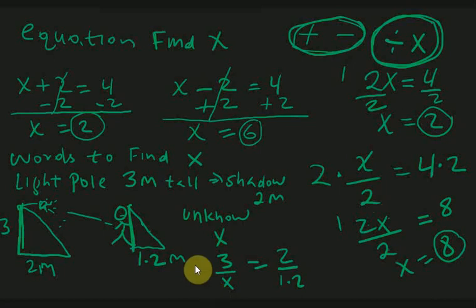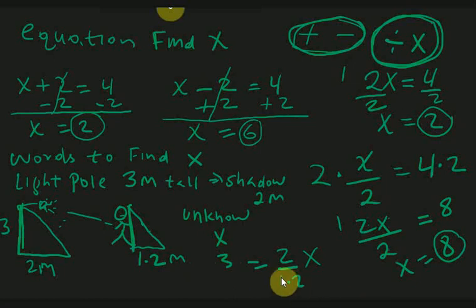Now you have to multiply by x here. When you multiply x here, x will cancel out, and then you have to multiply here too by x. So now we have only 3 here, right?